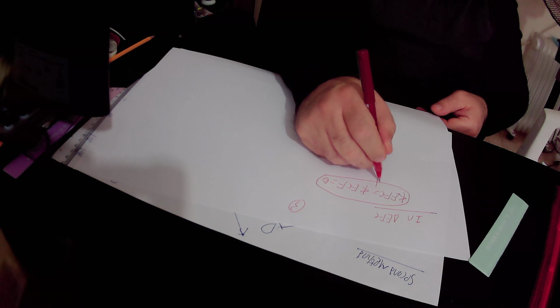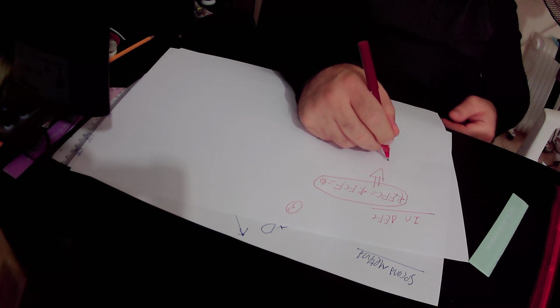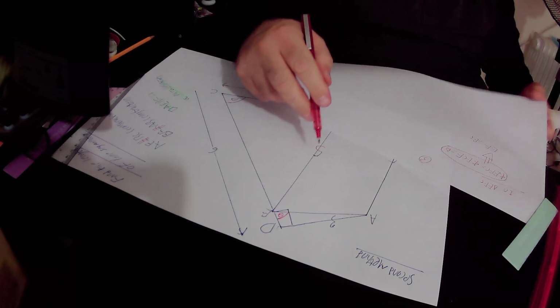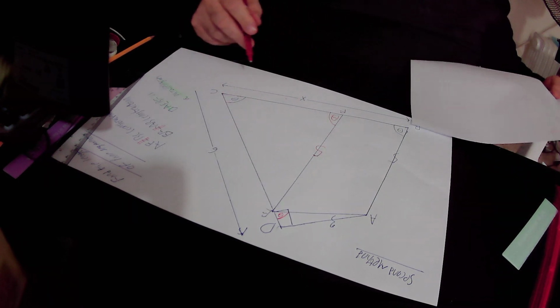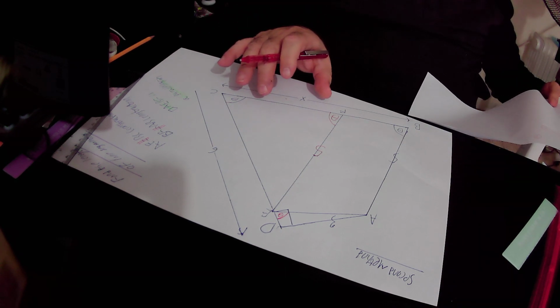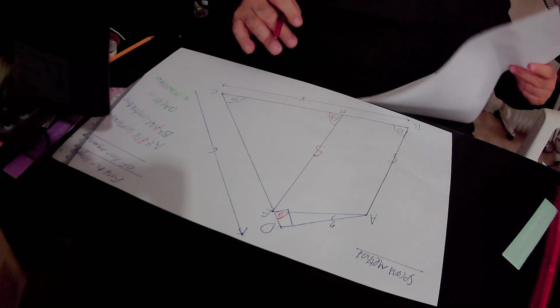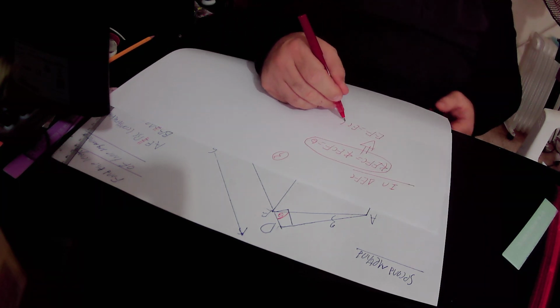Therefore, according to rule number 1, EF must be equal to EC, because in front of those two equal angles there are two equal sides.